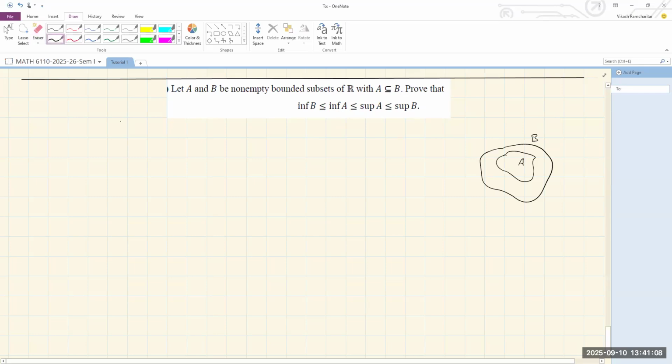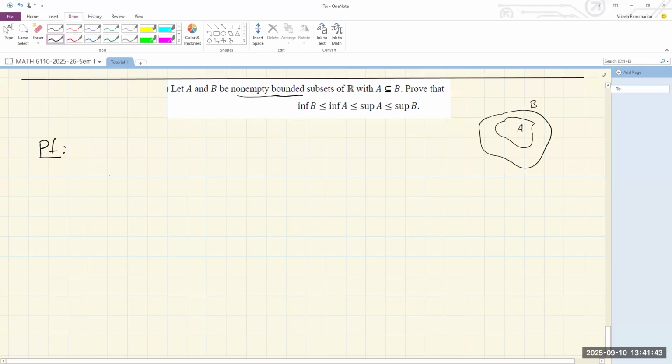The proof of this is straightforward once you understand the definition of the supremum and the infimum, because all we need for this proof is just the definition. Okay, so proof. We didn't mention it before, but since it didn't say anything about the supremum and the infimum existing, and all we are told is that A and B are non-empty bounded subsets of R, maybe we should write a statement saying why the supremum and the infimum even exist.